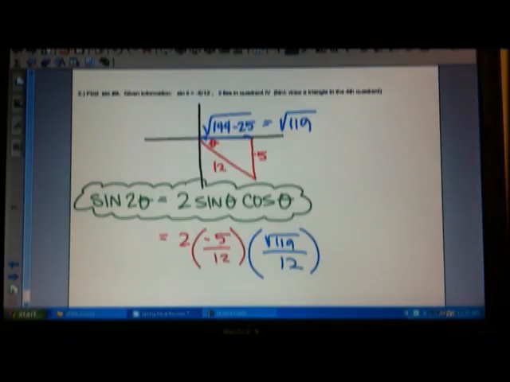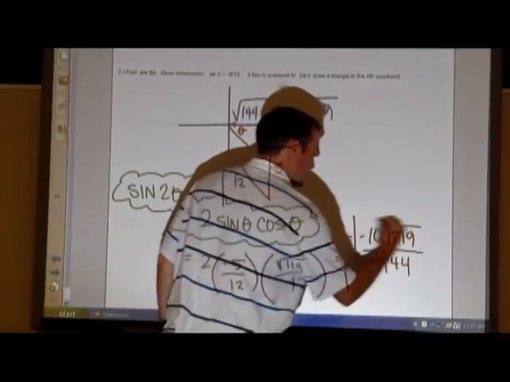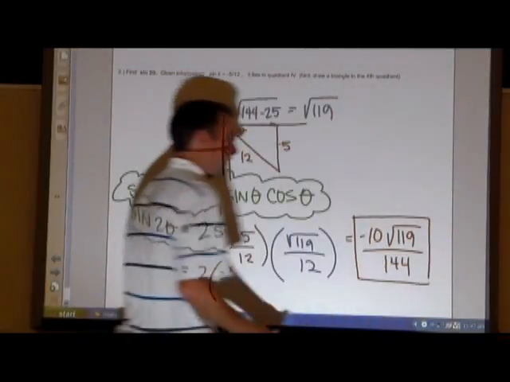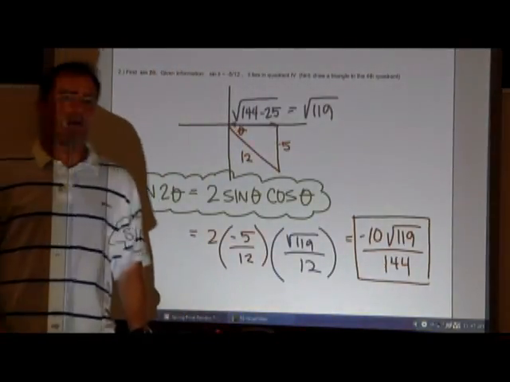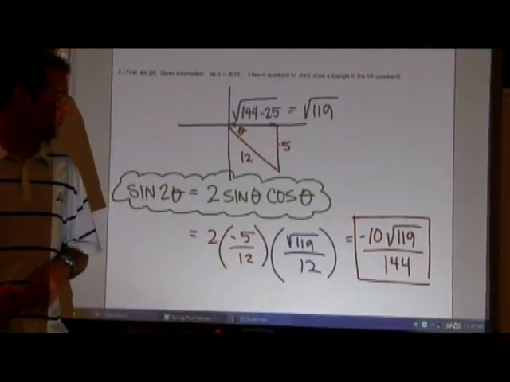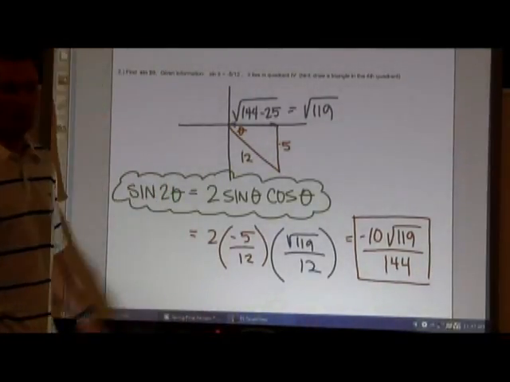And then it's all multiplication, so you don't have to worry about common denominators or anything. Multiply that all out, and you'll get negative 10 radical 119 over 144. The one on your final is actually going to work out a little bit cleaner than that, but same idea.